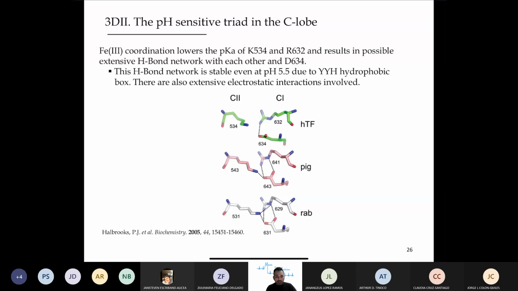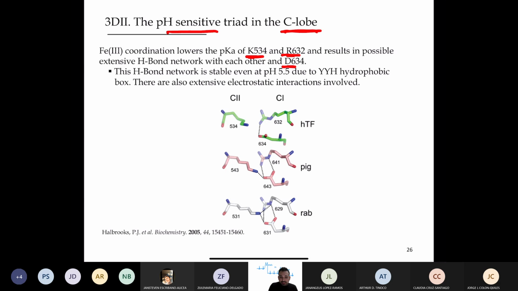All right, so when I was mentioning to you this idea of trying to stabilize the interaction in terms of a hydrogen network, well, in addition to the N site, we also see this in the C lobe. There is what is called a pH-sensitive triad. So you have the interaction between three important amino acids, lysine, arginine, and aspartate.